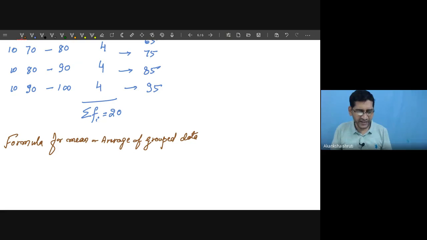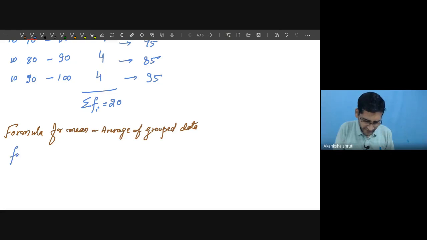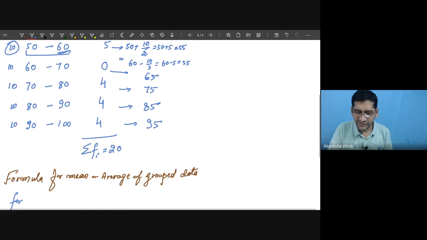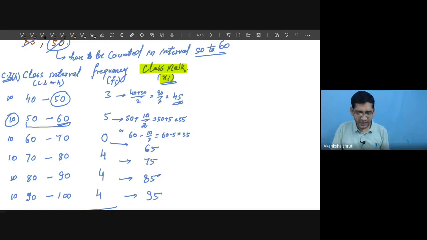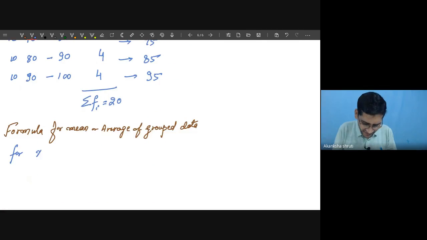Students, here we have x1. x1 is what? Our class mark. So rather than the class, we shall just consider the class mark x1. This x1 is occurring how many times? f1 times. x2 is occurring how many times? f2 times. It is like this one.